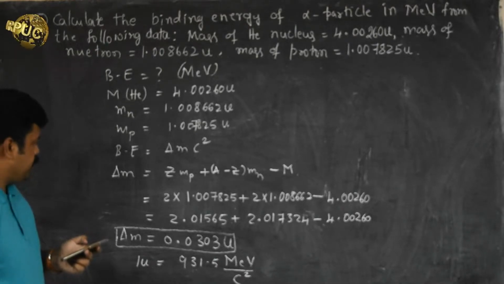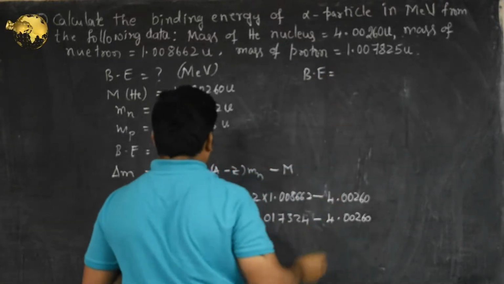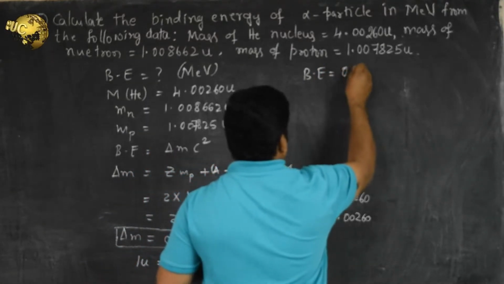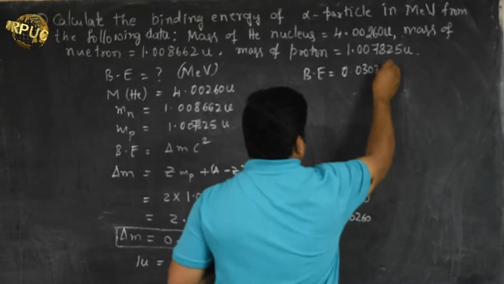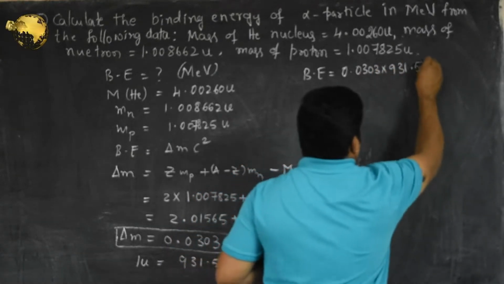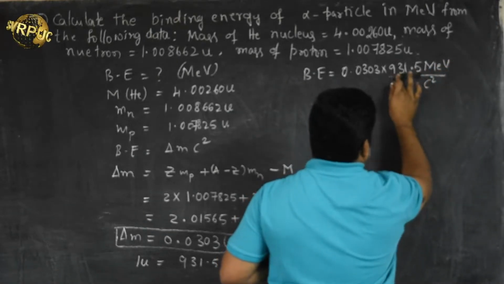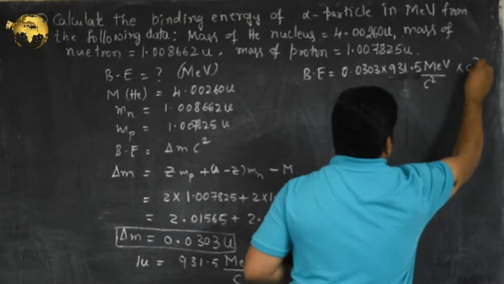Then the binding energy is 0.0303 into 931.5 mega electron volt divided by C square and multiplied by C square.